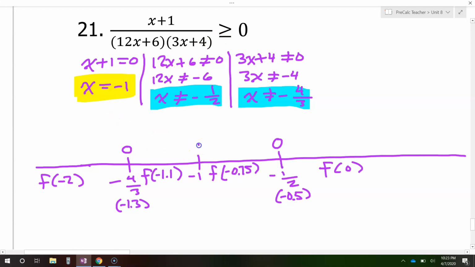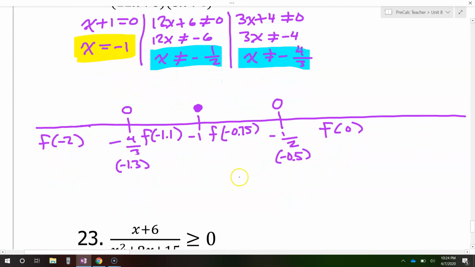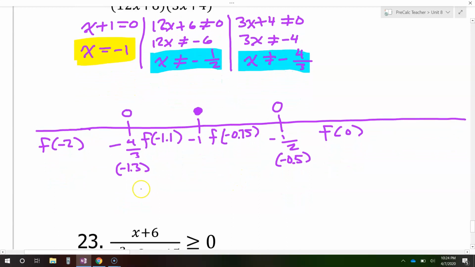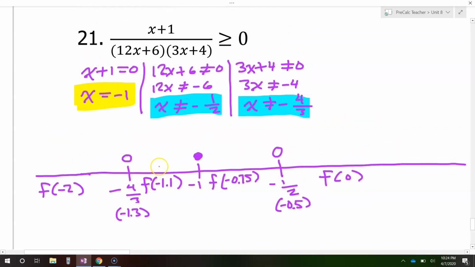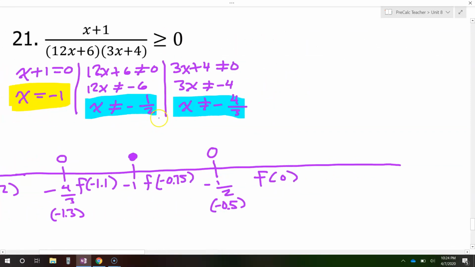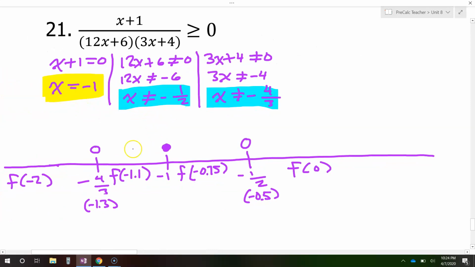We want negative 1 to be included, so we will make that one a closed circle. Now we need to start doing these test values all over the place. So I'm just going to scroll down a little bit so we have space. But I need to see what's going on. Do I have space over here? I just feel like I need more space.